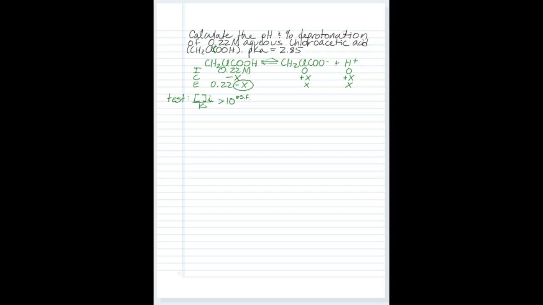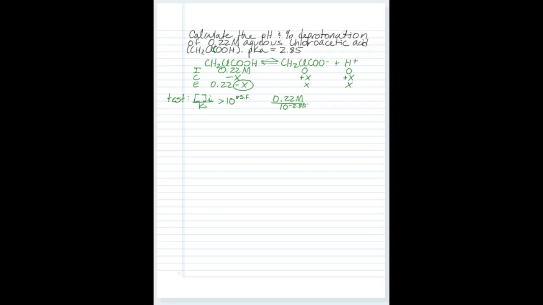Our initial concentration is 0.22 molar, and we're going to divide that by K. Well, what is K? We're given a pKa, and so we know that K is 10 to the negative 2.85 because pKa is the negative log of K. Therefore the pKa is the negative exponent on 10 if we're going to calculate the Ka.